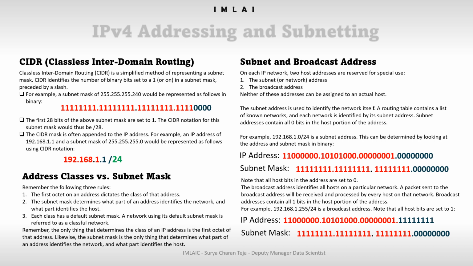Unicasts are packets sent from one host to one other host, multicasts are packets sent from one host to a group of hosts, and broadcasts are packets sent from one host to all other hosts on the local network.